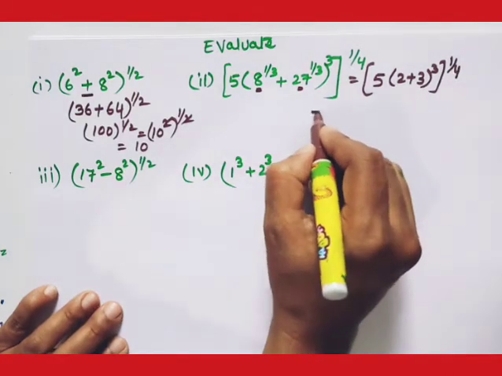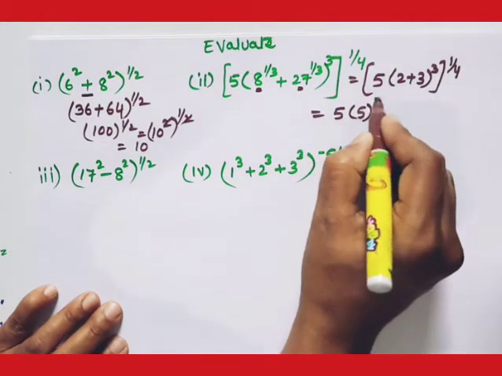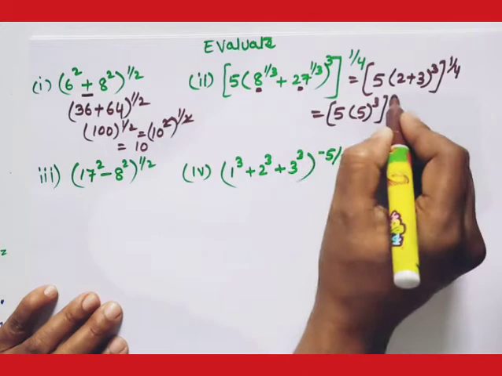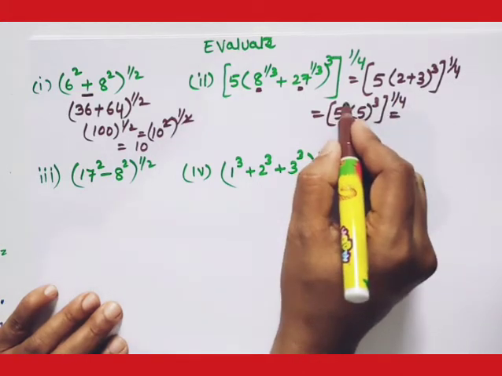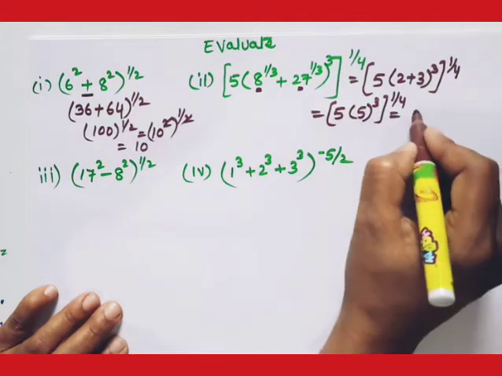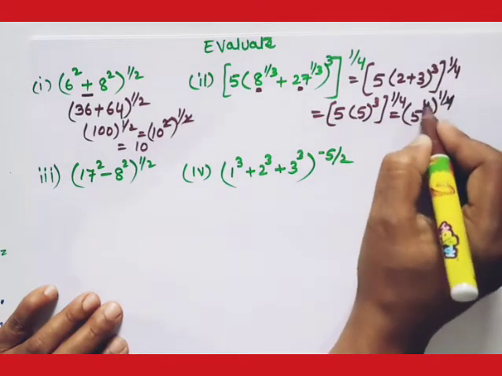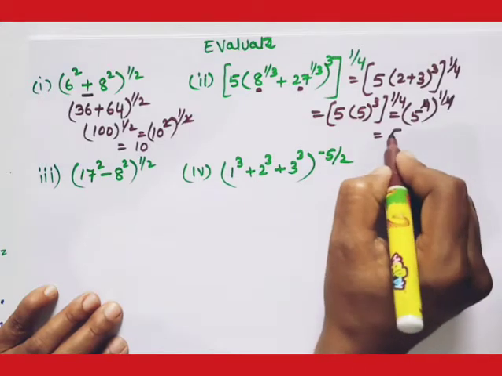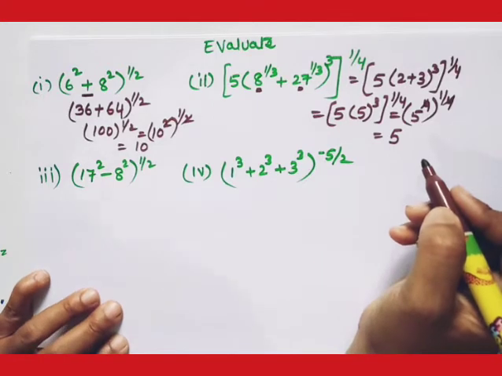Now see what will happen. 5 and then in the bracket again 5 cube and whole to the power 1 by 4. Now this will be 5 to the power 1 into 5 to the power 3, that is 5 to the power 4 and whole to the power 1 by 4. So 4 cancel and you will be left with 5. So 5 is your final answer.